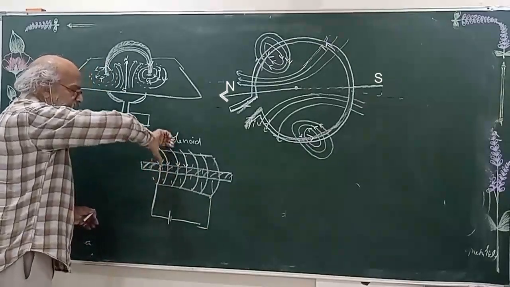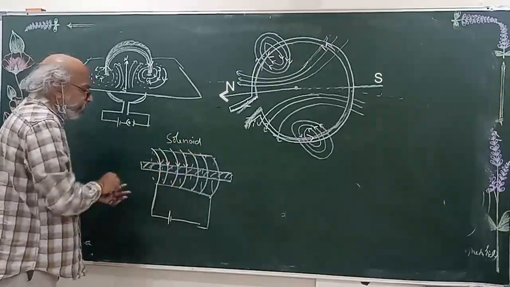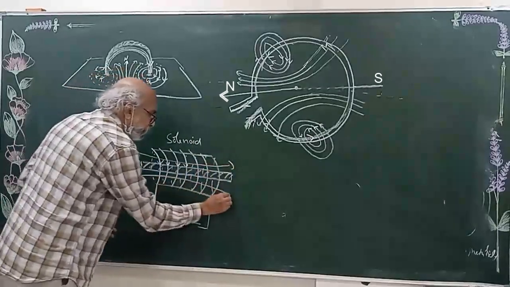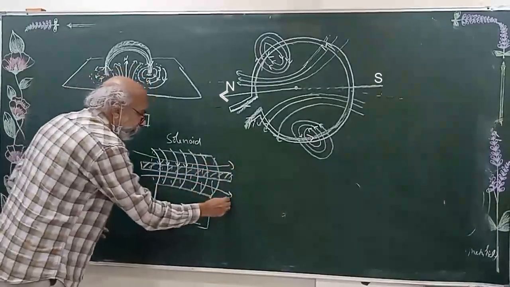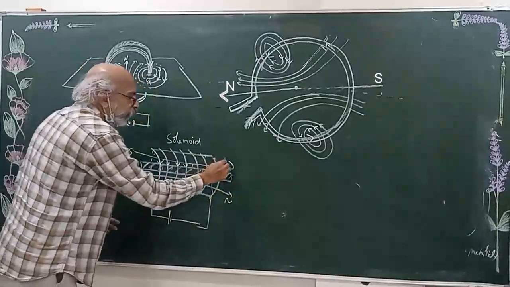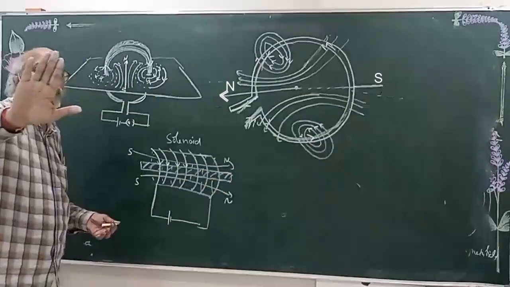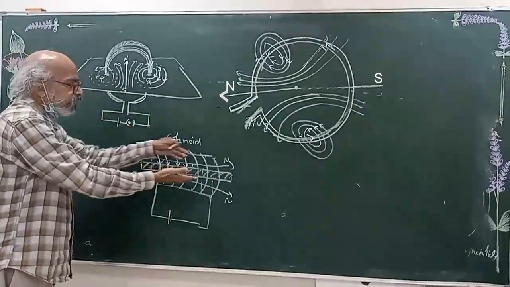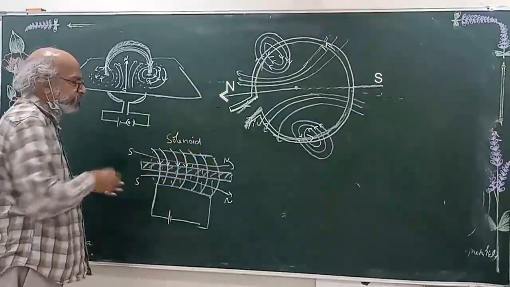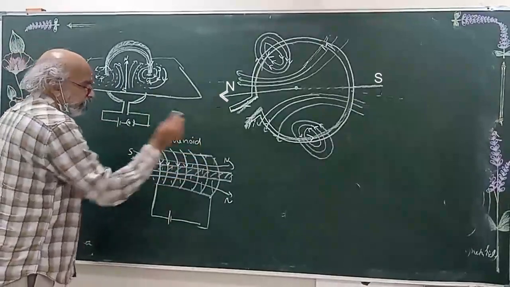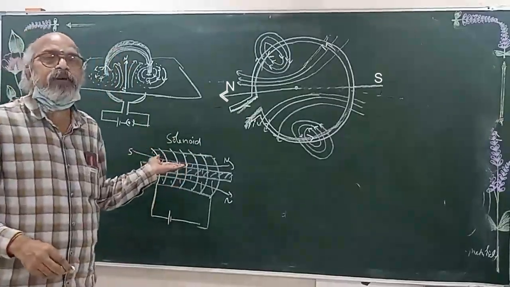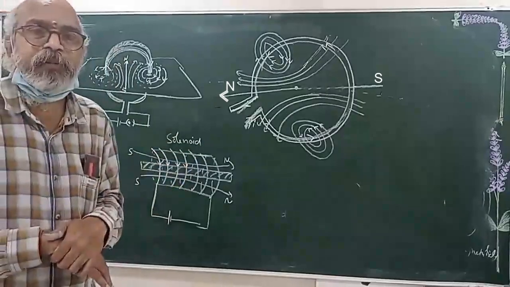Then the field will be taking place in this direction, south to north. Here we have to use only the right hand thumb rule. Stretch the right hand thumb in the direction of current, then the field will be like this, south to north. In the same way, if the current direction is reversed, obviously the field direction will also be reversed.